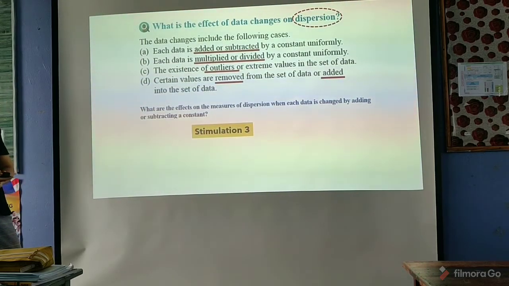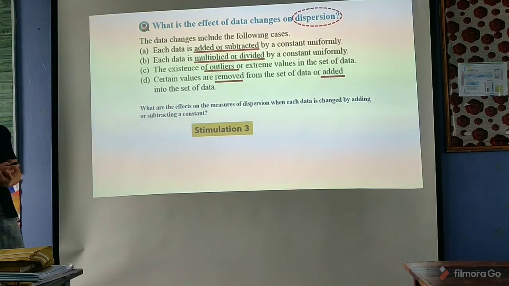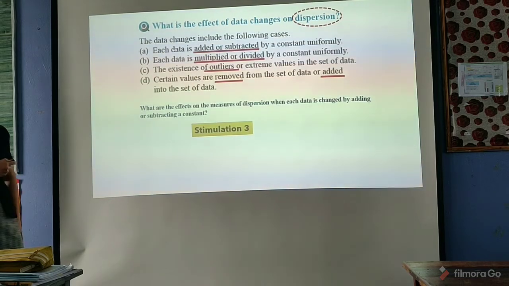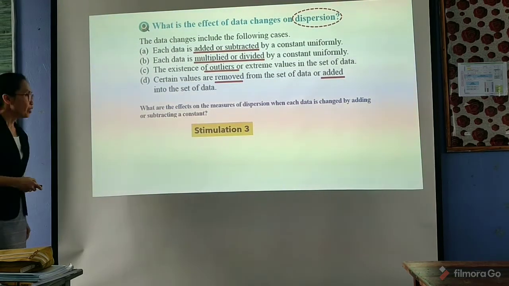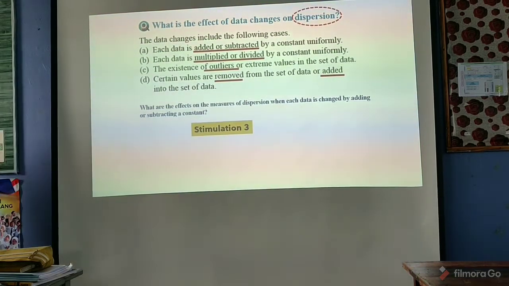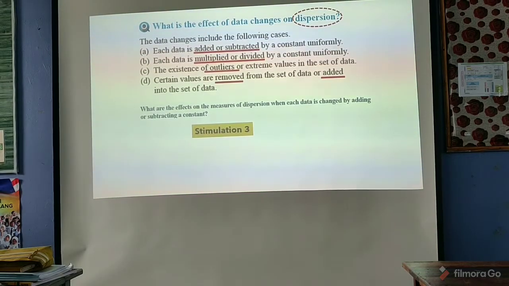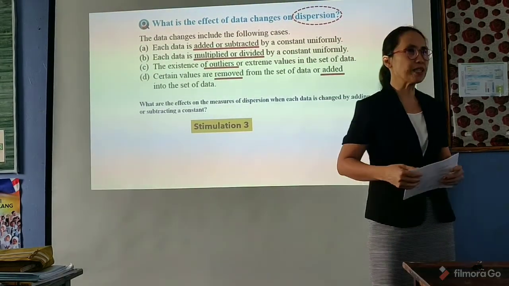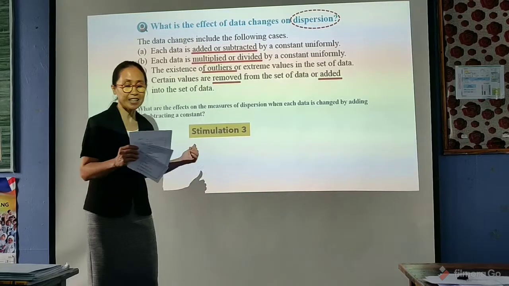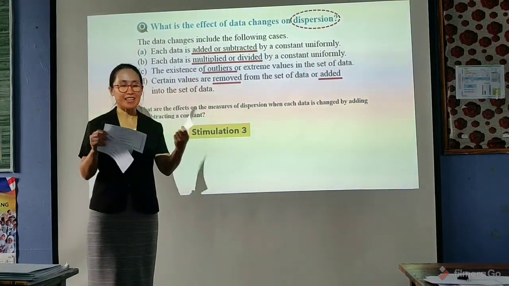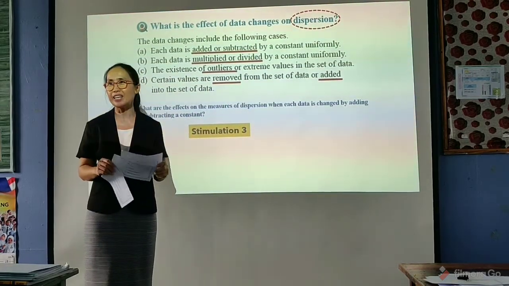Each data by adding or subtracting. We start with A first. So we start with simulation 3. What is simulation 3? You have to work in groups. Okay, class, for simulation number 3, you are given 3 cards, A1, A2 and A3.